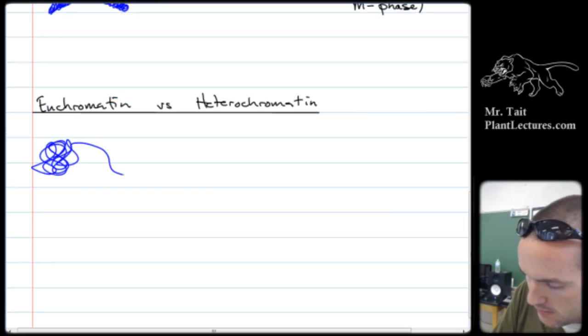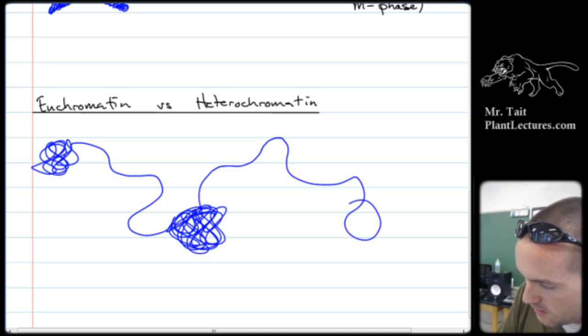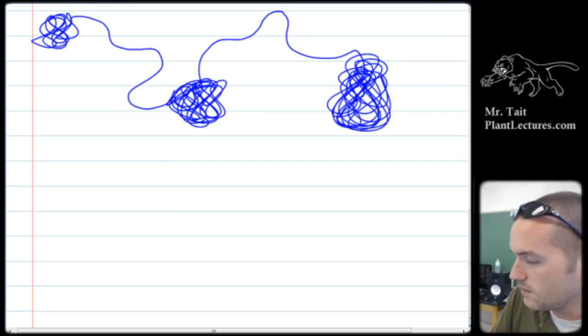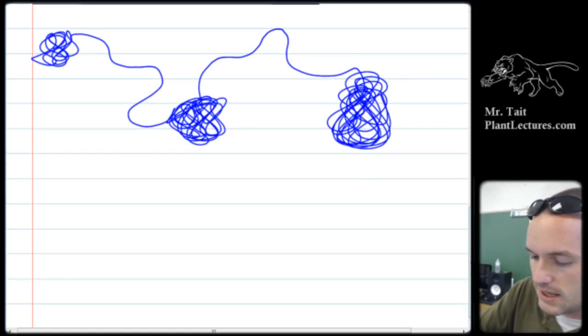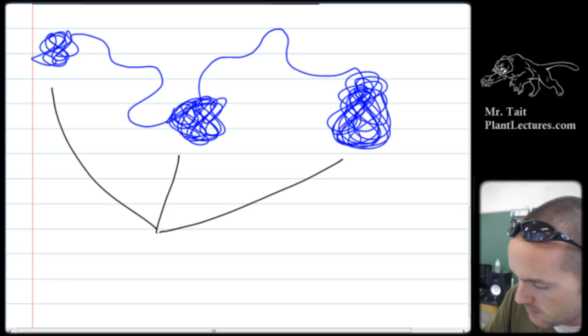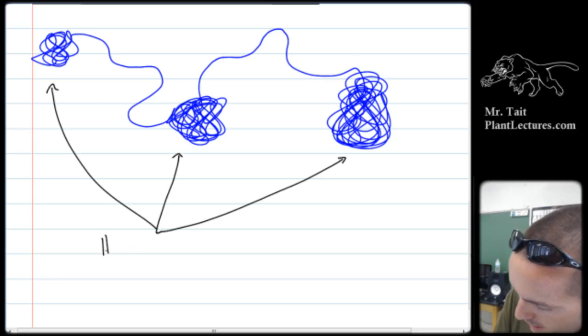Here's some tangly stuff, and then here's a nice untangled region, and then tangly stuff, right? And then an untangled region, and then a really big tangle, something like this. Okay? So this has some really tangled regions here, here, and here, right? And these really tangled up regions are called heterochromatin.